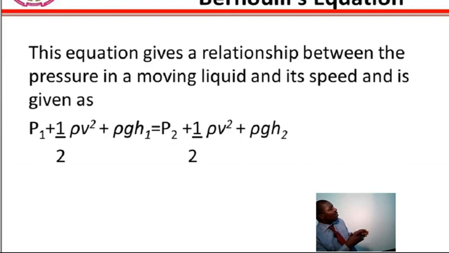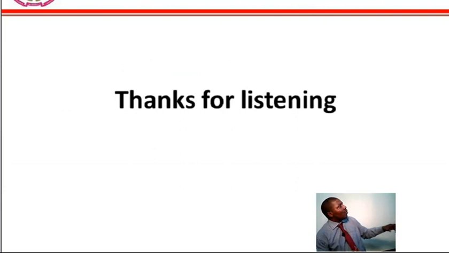What this relation is telling us is that the total pressure in column 1, with the density, the velocity, the acceleration due to gravity and the height of column 1, is equal to the total pressure in column 2 with its density, velocity, acceleration due to gravity and height. So this equation can be applied to solve diverse problems of liquid flows in different media. Thanks for listening.